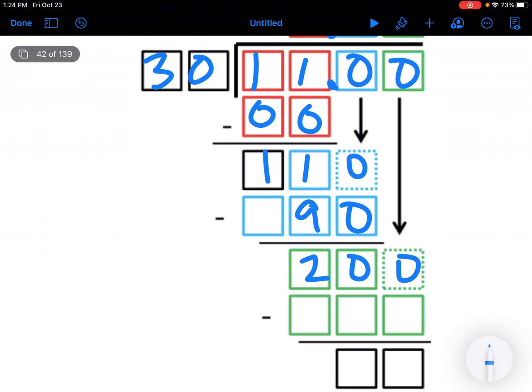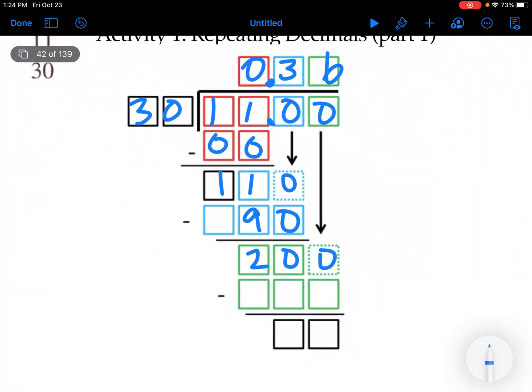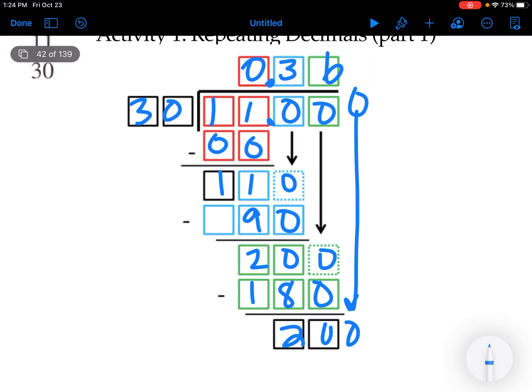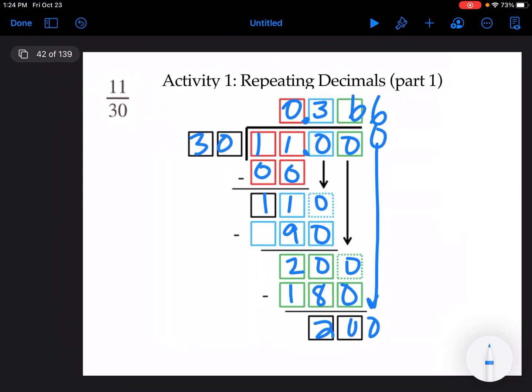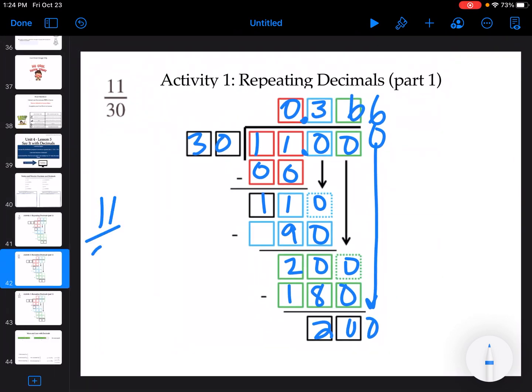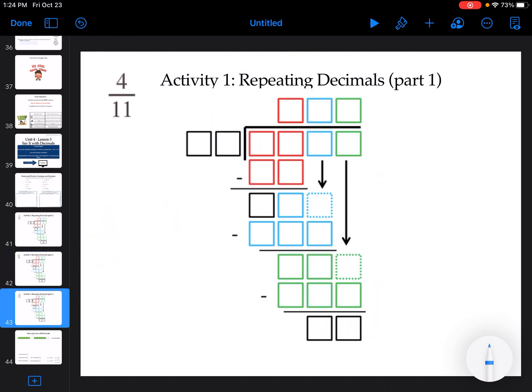So it goes in 6 times. 6 times 30 is 180. And I get 20 again. Bring down another 0, and so it's going to keep going. I'm going to keep getting 6. So I know that 11/30 is the same as 0.36 with the 6 repeating, and it's going to keep going on forever.